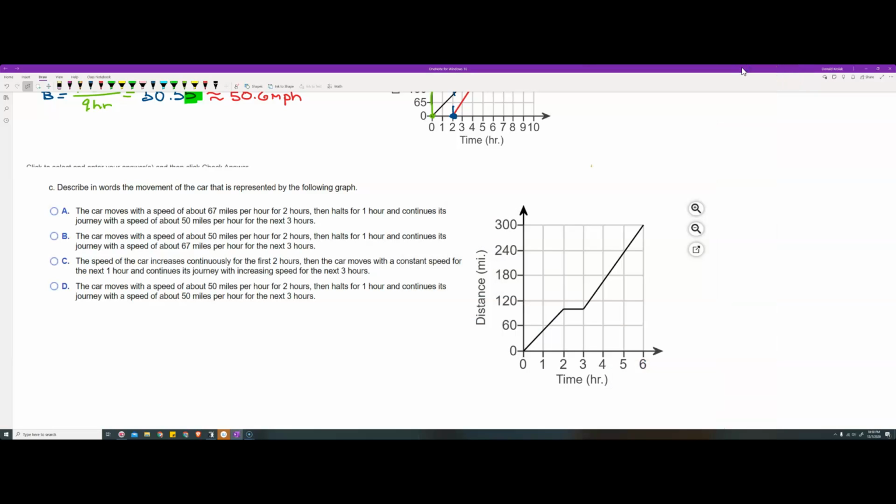Alright, describe in words the movement of the car that is represented by the following graph. So we're going to use this graph and choose which one of these 4 scenarios matches the graph. Alright, so if we look at what's going on here, we've got a car traveling for about 2 hours.